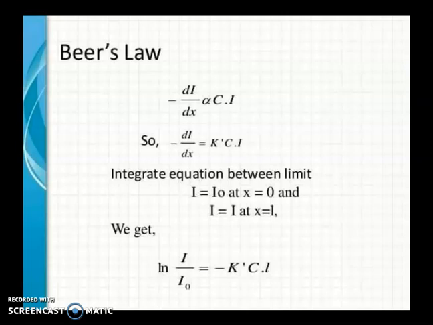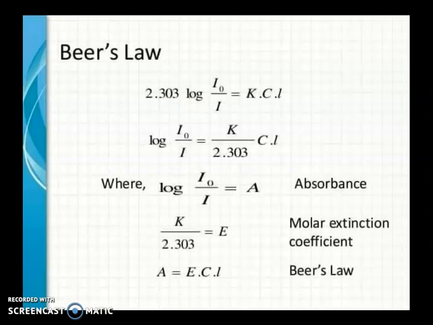We get ln I0 by I = kcl. So 2.303 log I0 by I = kcl. Log I0 by I = k by 2.303 cl, where log I0 by I is absorbance, k by 2.303 is the molar extinction coefficient E, and A = Ecl, Beer's law.